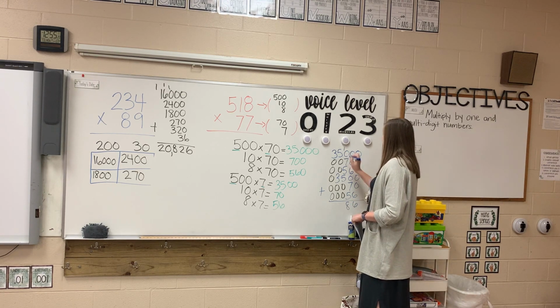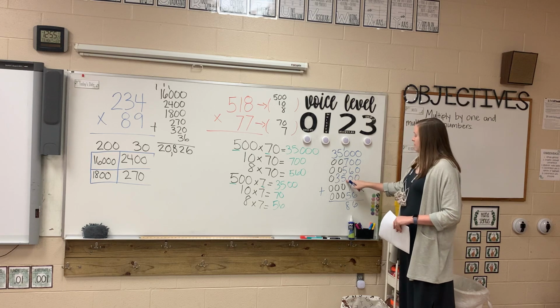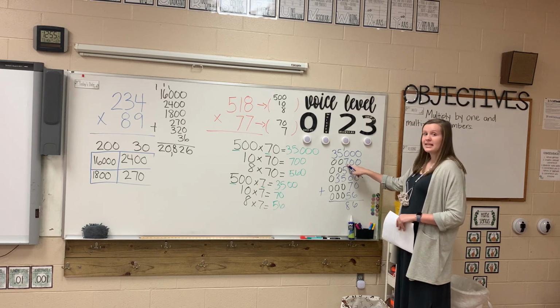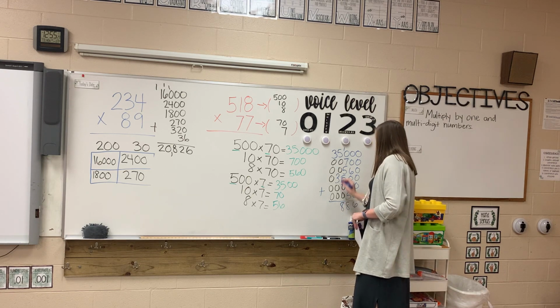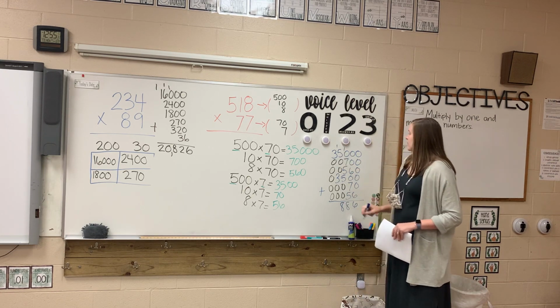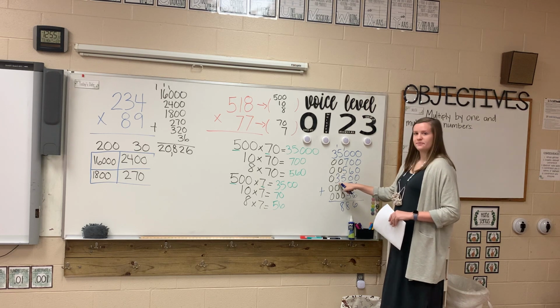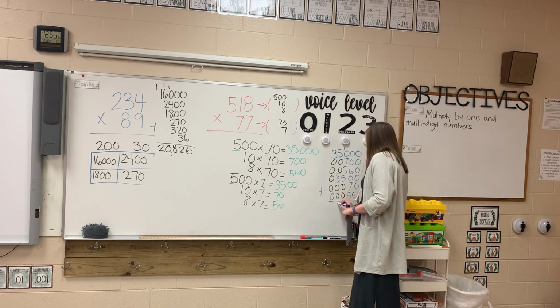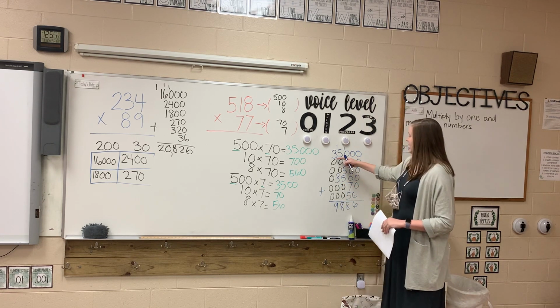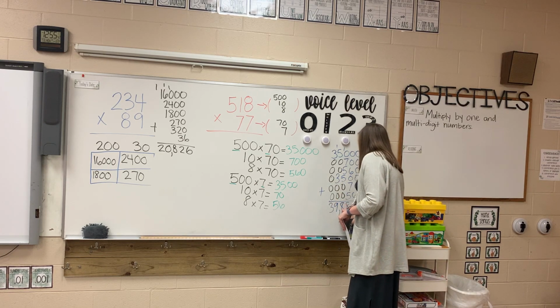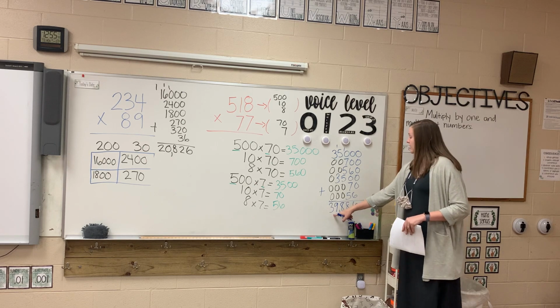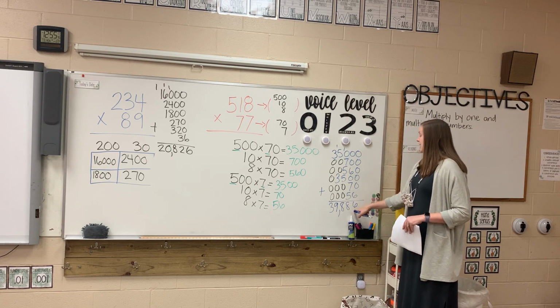Drop my 8, carry my 1. 5 plus 5 is 10, plus 7 is 17, plus 1 is 18. 5 plus 1 is 6, plus 3 is 9. And then I have 3 plus all those zeros is just 3. So my answer is 39,886.